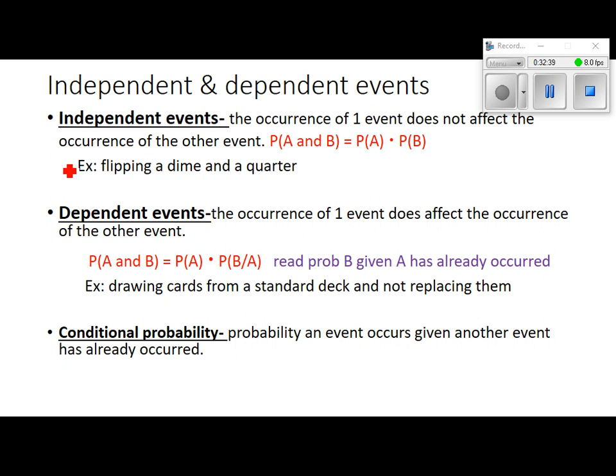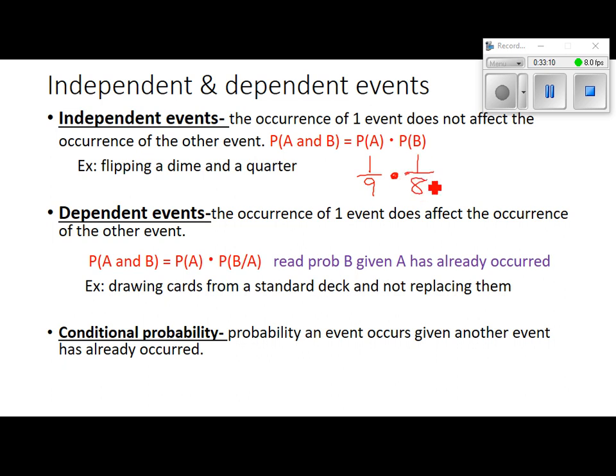If I keep the name out of the hat, what's the probability that I draw Clifton's name first of all? 1 out of 9. We just said that a minute ago, right? If I keep Clifton's name out of the hat, what's the chance I draw Kaylee's name the second time? 1 out of 8. So Clifton's name is 1 out of 9, Kaylee's name is 1 out of 8.